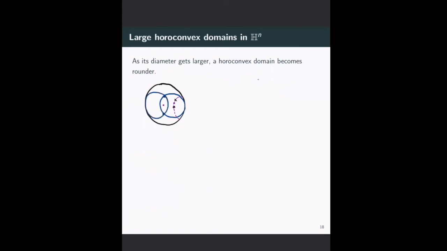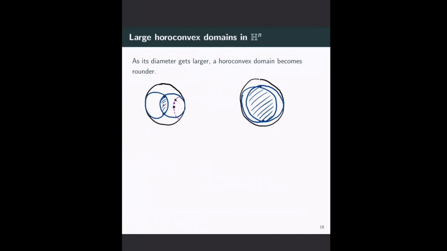If the diameter is larger, so think of these as the 2 points achieving the diameter, then these 2 points would be here. And the horoconvex domain will be like this. And the horoconvex domain has to at least contain this lens over here. So as the diameter gets larger and larger, the lens kind of gets fatter.